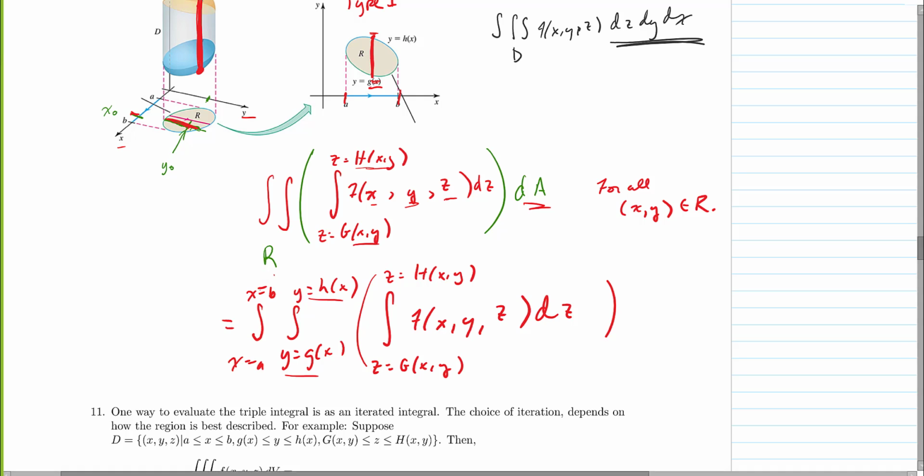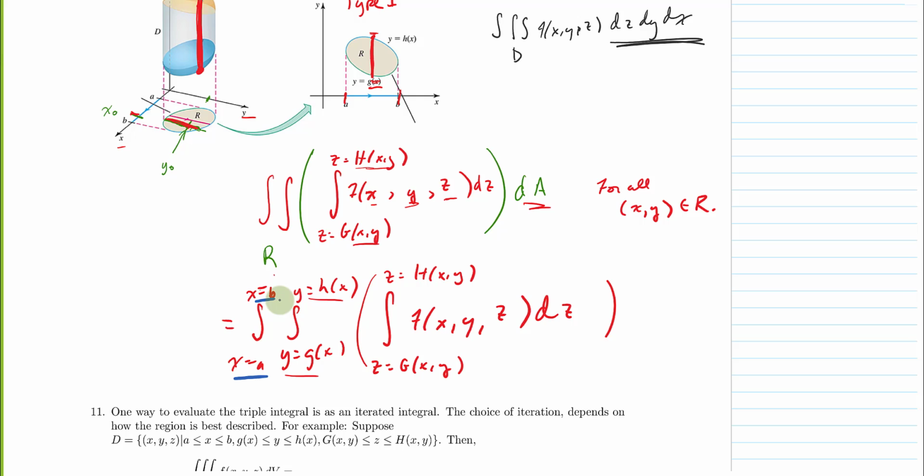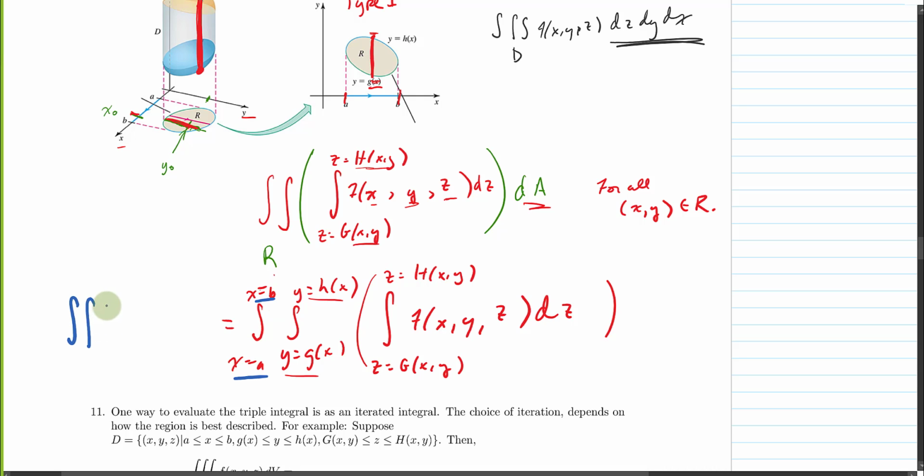What's essential is that your outside integral always has to have fixed endpoints on it, A and B, or C and D, or E and F. It's got to have fixed endpoints on it. All of this then is going to give us the equivalent of the triple integral over B of f(x, y, z) dV.